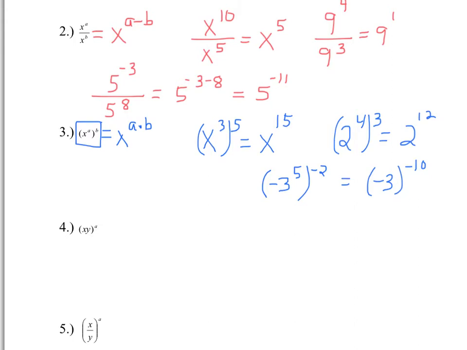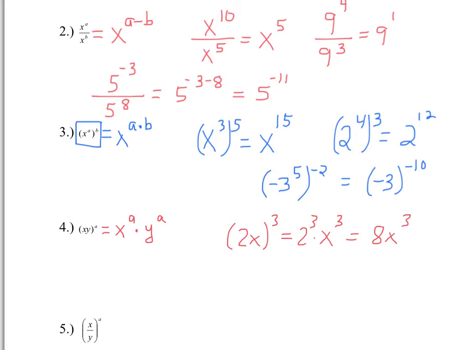So here we have x times y raised to the a. Well, think of it as you can distribute your power of a. And when we studied the binomial theorem in the first unit, recall that we saw some situations where maybe you had 2x cubed. All right, so you cubed both parts, and in this case we'd get 8x cubed.